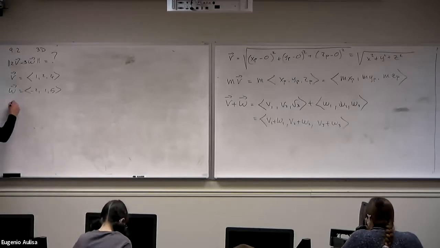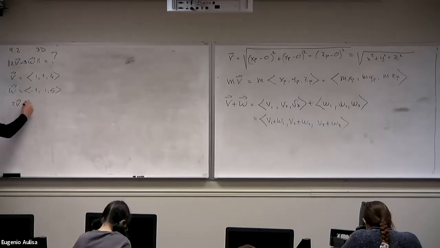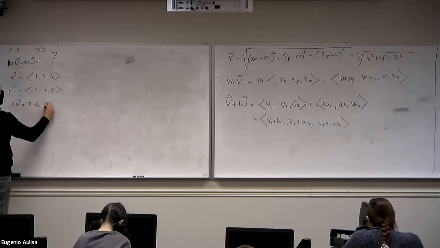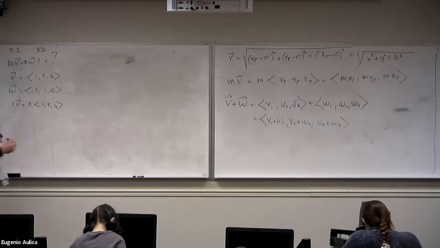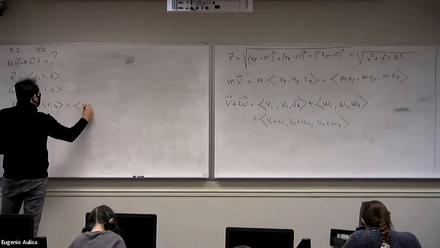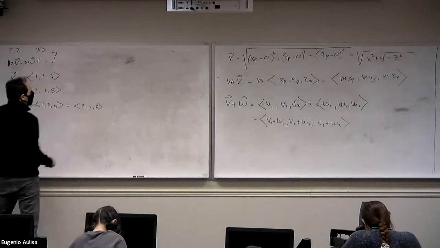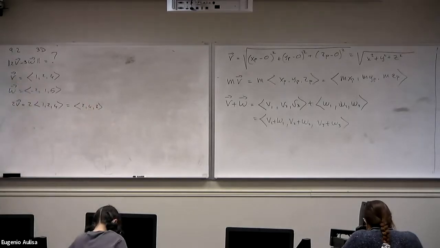So what we can do is to first evaluate the vector 2v. We take 2 and we multiply the vector 1, 2, 4. So we distribute the 2 inside. It's going to be 2, 4, 8. Then we can evaluate negative 3w.